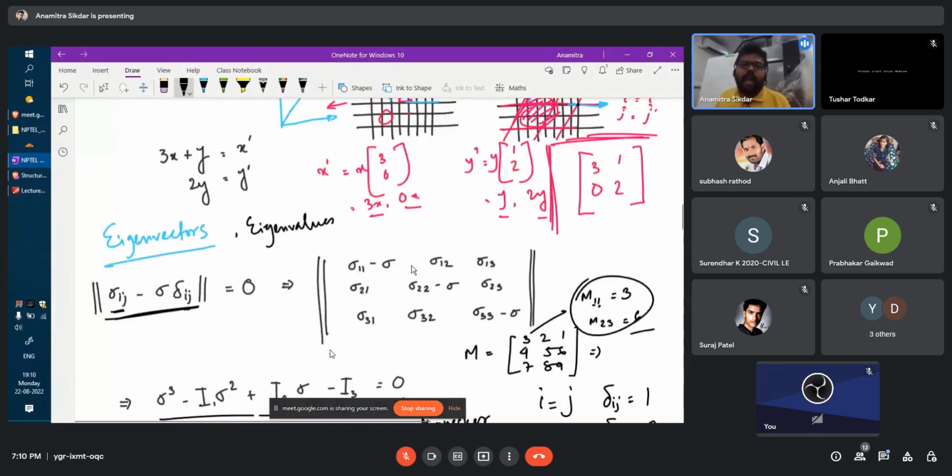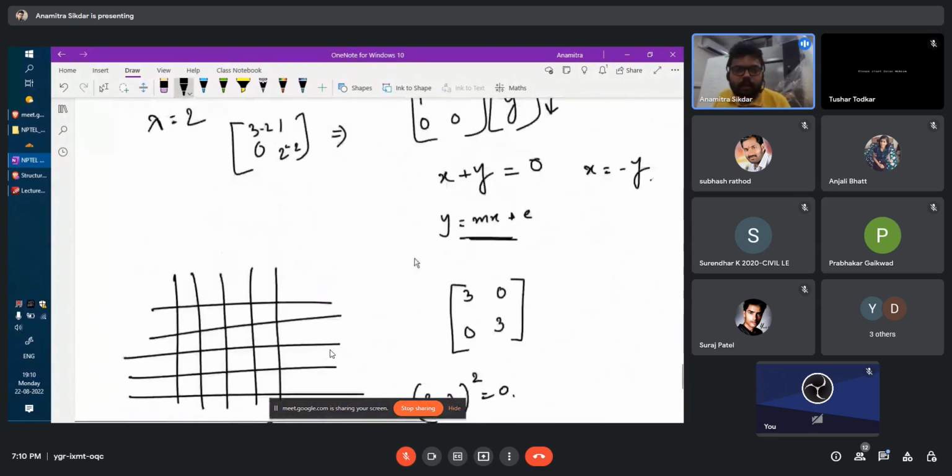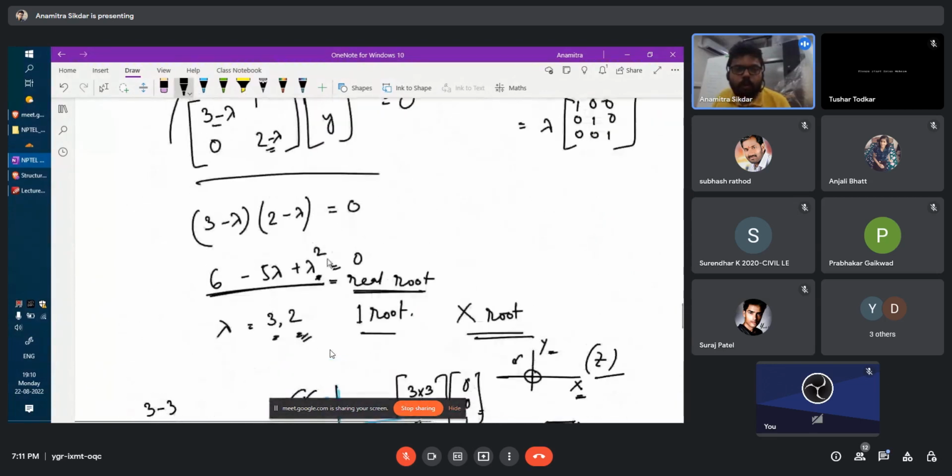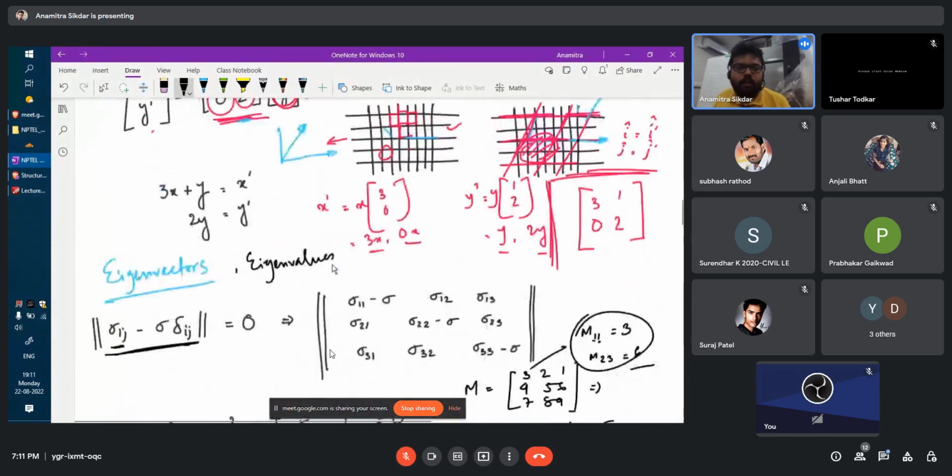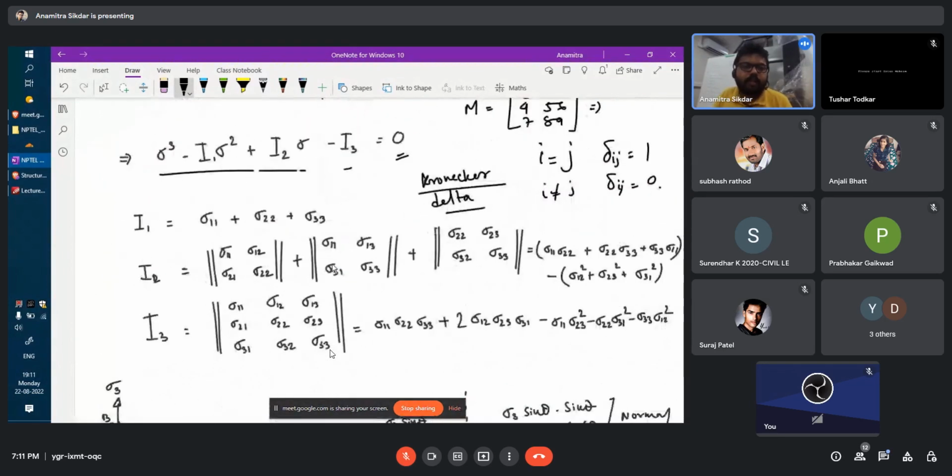As we have seen that there was one polynomial of degree 2, in this case there will be one polynomial of degree 3, so the highest power will be 3. Just replace this sigma with lambda. Are we getting this?